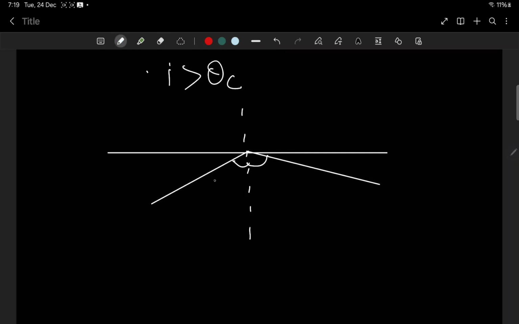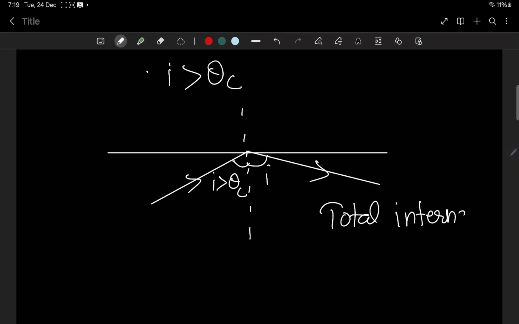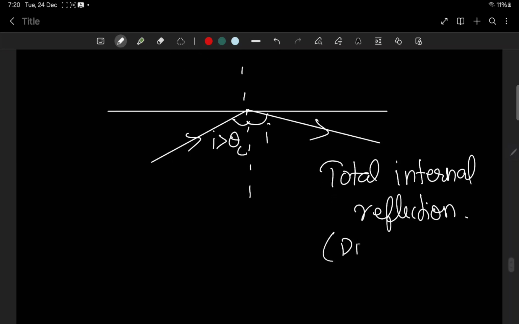If i is greater than theta c, then the incident ray will not refract, it will reflect inside the medium. This is known as total internal reflection. Very important. This is the reason for the sparkling of diamond.